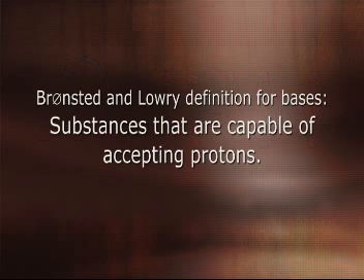As you can see here, this is a reversible reaction. Bronsted and Lowry define bases as substances that are capable of accepting protons. In other words, they define bases as proton acceptors. As a result, this concept defines an acid-base reaction as the transfer of a proton from an acid to a base.